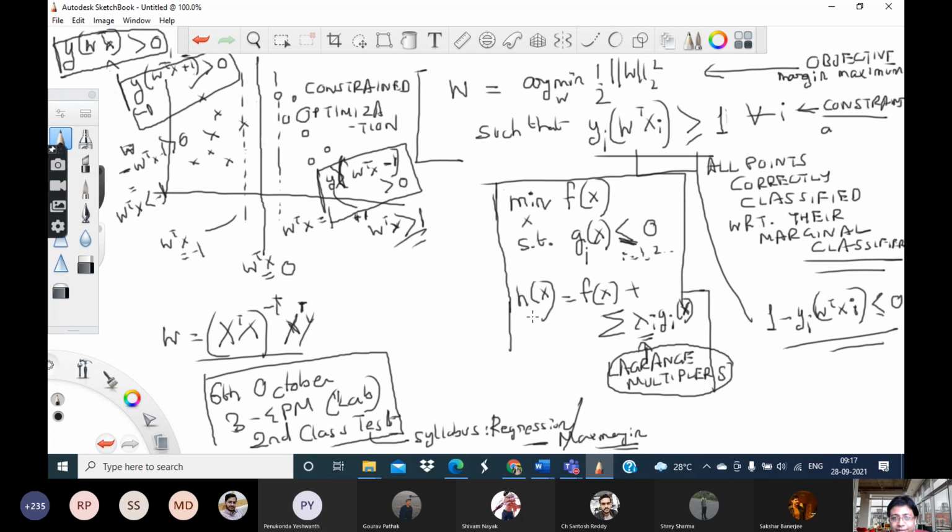And this h(x) I call my augmented objective function. So what does this mean? This augmented objective function makes sure that the original objective function plus all the constraints are minimized together.